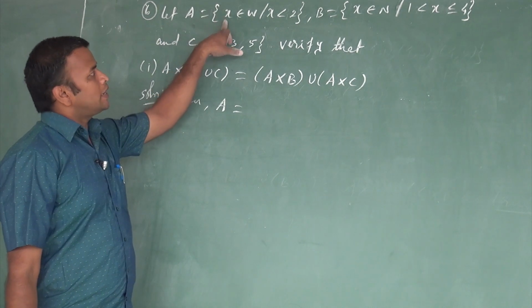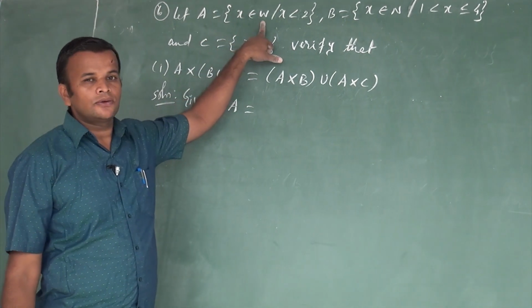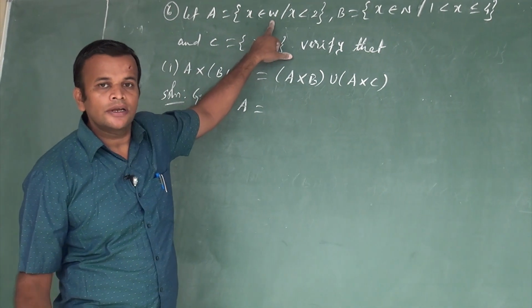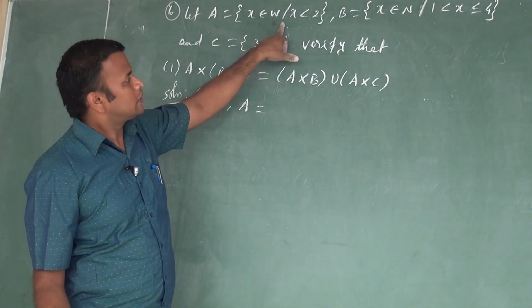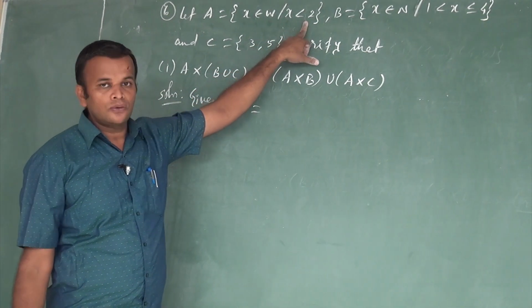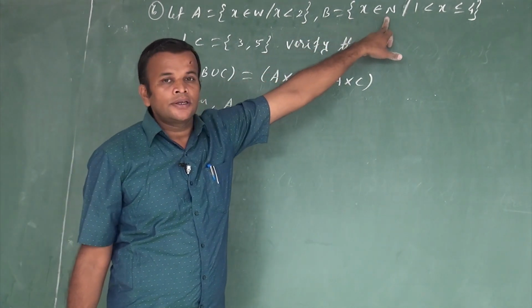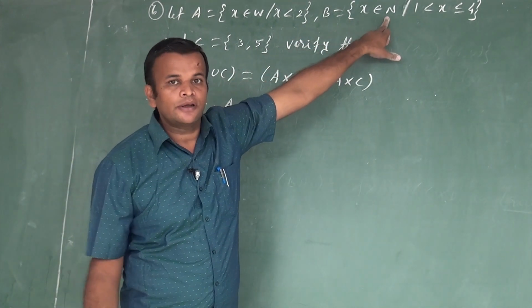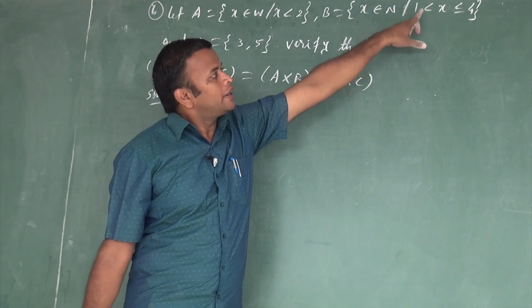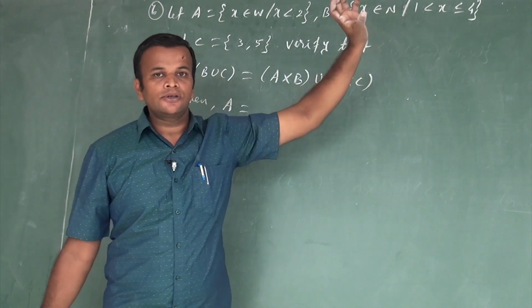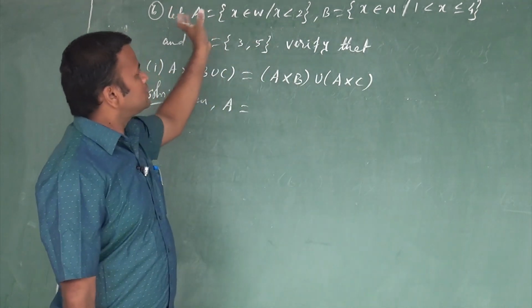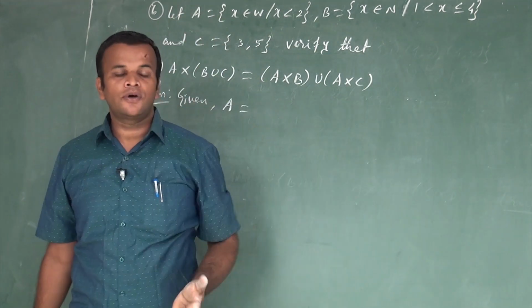A is {x : x belongs to W}. You know W means the set of all whole numbers, such that x is less than 2. And the set B is given: x belongs to N, where N means the set of all natural numbers, such that 1 is less than x, less than or equal to 4. So both the sets are not given in roster form.